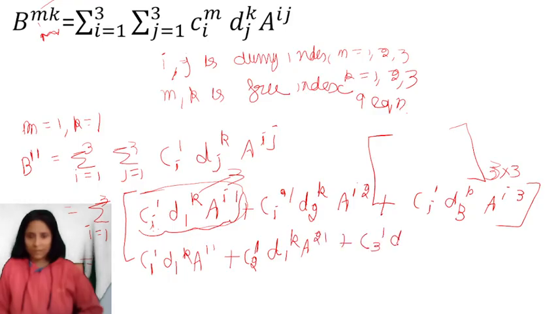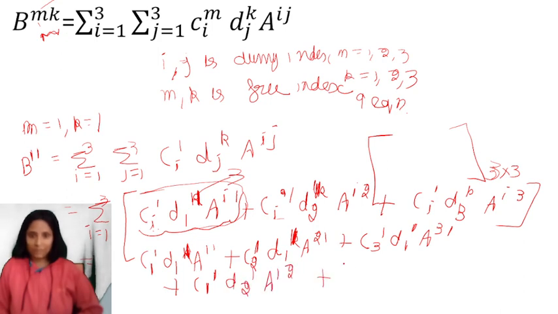Sorry, for k I have to put 1, so k is equal to 1. Now I am expanding the second with i, so everyone can expand this, it is very easy.